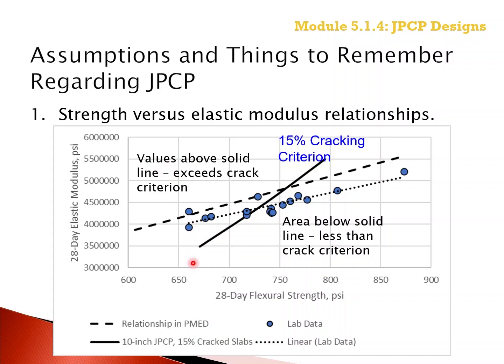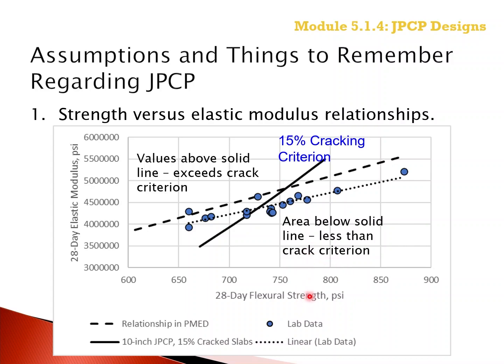Conversely, the flexural strength and elastic modulus values that are below the solid black line, designating 15% cracked slab, will exhibit fewer percent cracked slabs or are more resistant to fatigue cracking.